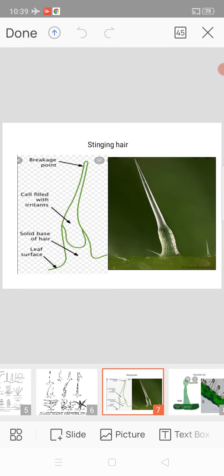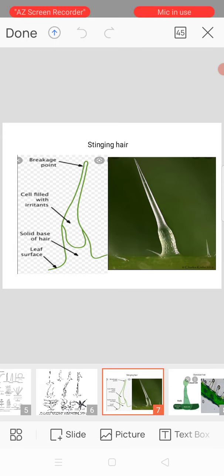Stinging hair is one of the most interesting types of trichome. It contains a poisonous liquid and consists of a basal bulb-like portion from which a stiff, slender and tapering structure is given out.